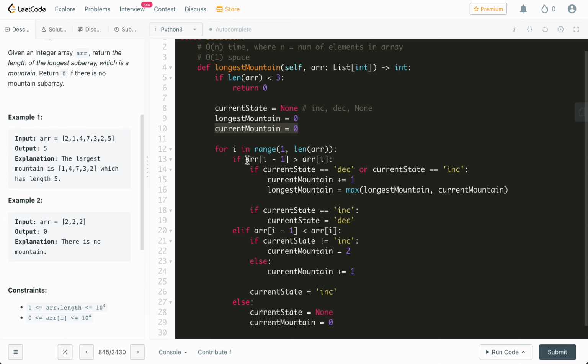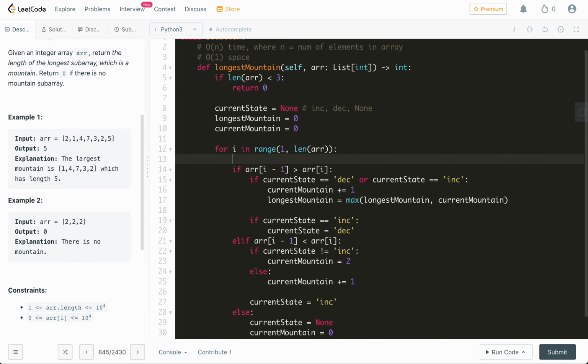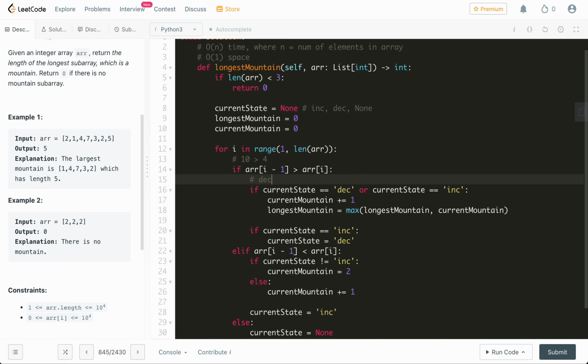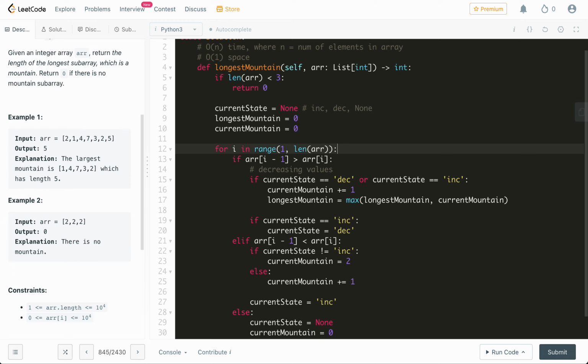If the array at i minus 1 is greater than i, this is where I would probably pay attention so that I wouldn't have a bug. So we're saying that 10 is greater than 4. So that means we are decreasing, and let's just comment here, decreasing values. And then, okay, that makes sense to me.